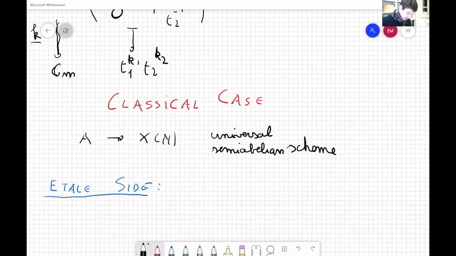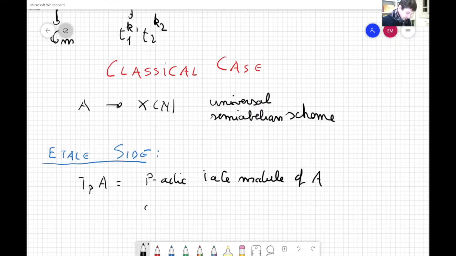On the étale side, we take the p-adic Tate module of A. Yesterday, Juan Esteban already mentioned that you can cook up a topology which also takes into account the boundary, and for which this local system, whose rank jumps if you consider just the étale topology on X_n, actually has constant rank.